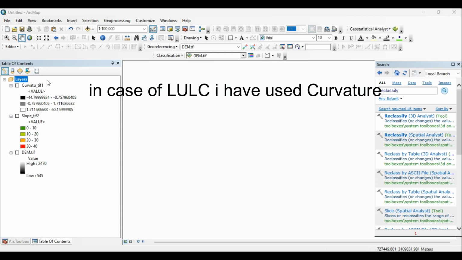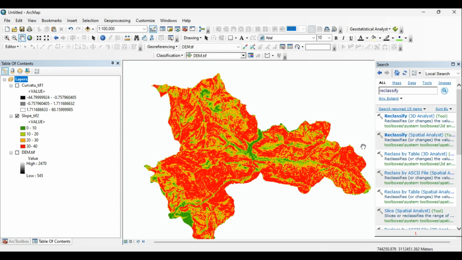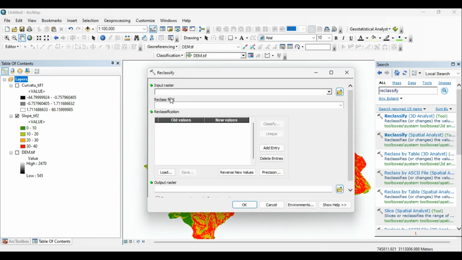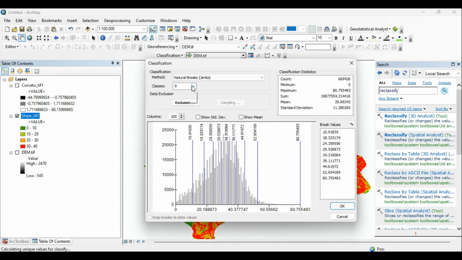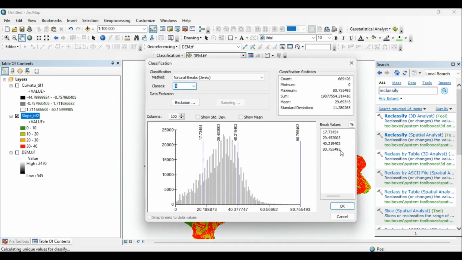So let's talk about slope. Now I am going to reclassify slope into four classes: 10, 20, 40, and then above.